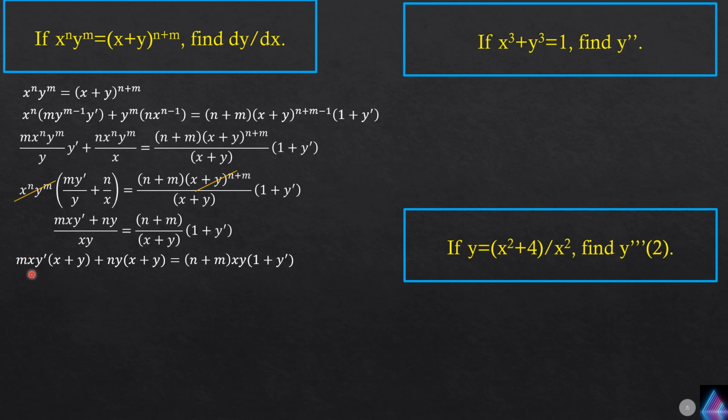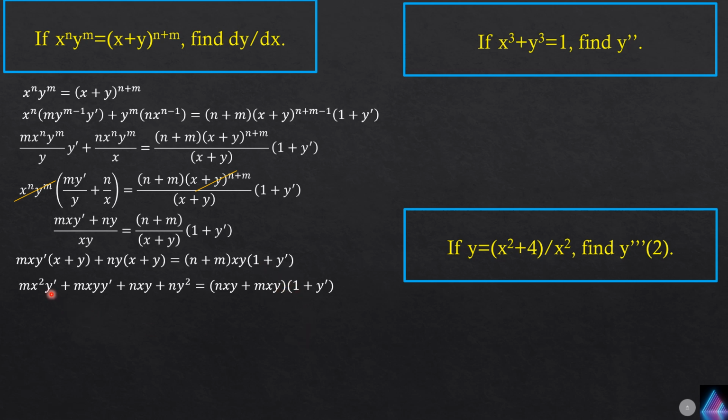We distribute, so m x squared y prime plus m x y y prime plus n x y plus n y squared equals n. We distribute xy into these quantities in the parentheses, (n x y plus m x y) times (1 + y prime).